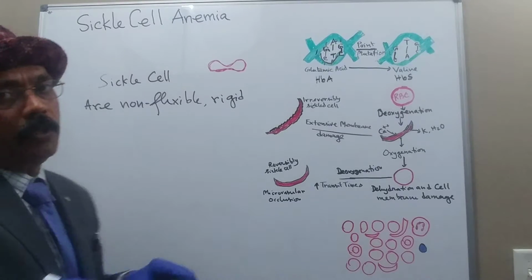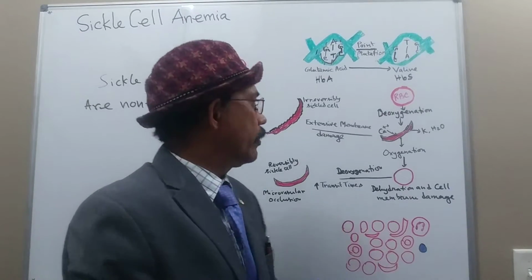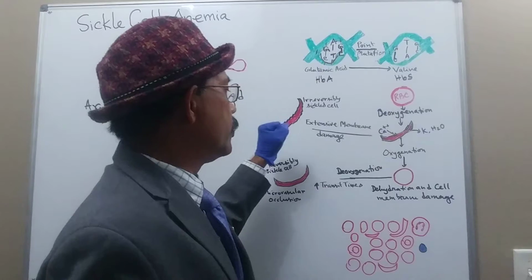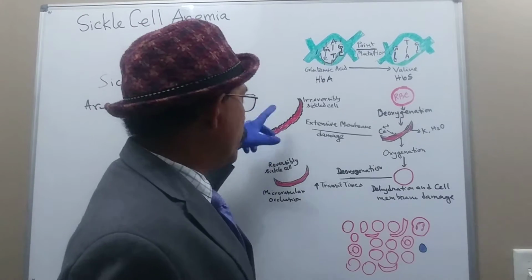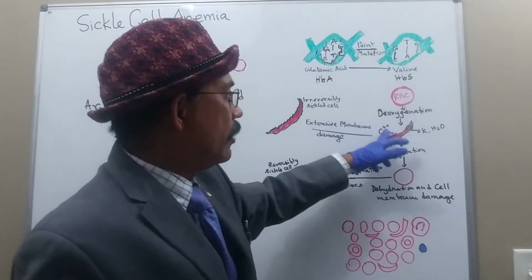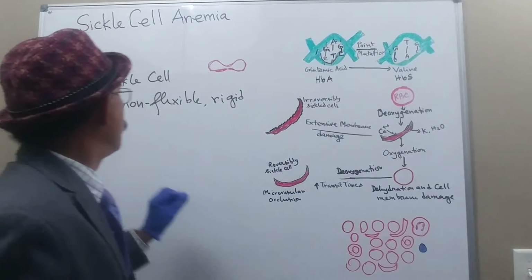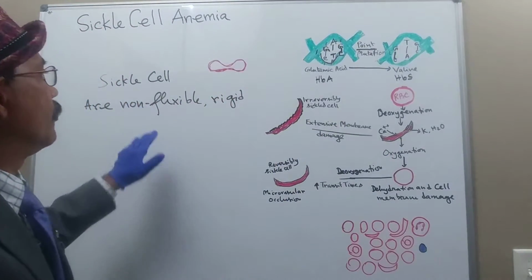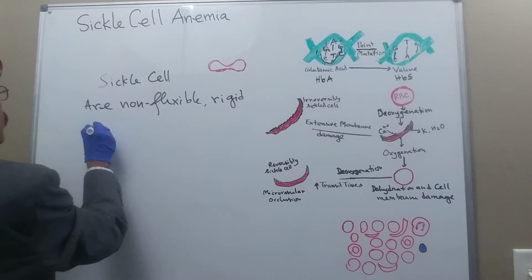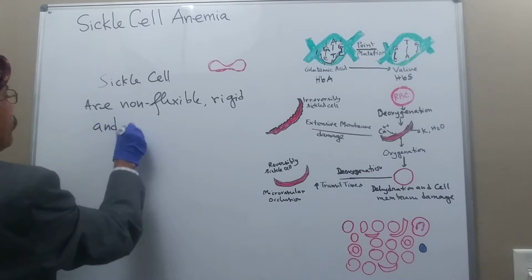They cannot change their shape and cannot be deformed, because we have calcium inside, and it is dehydrated and thickened. So that causes them to be non-flexible, rigid, and sticky to the endothelium.